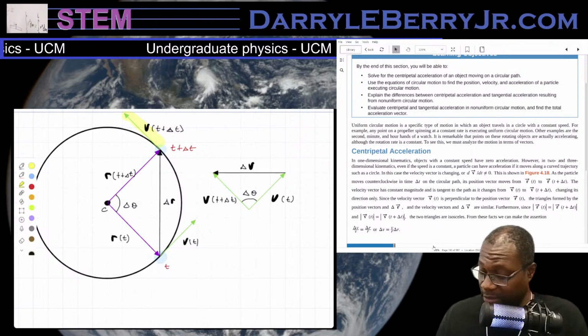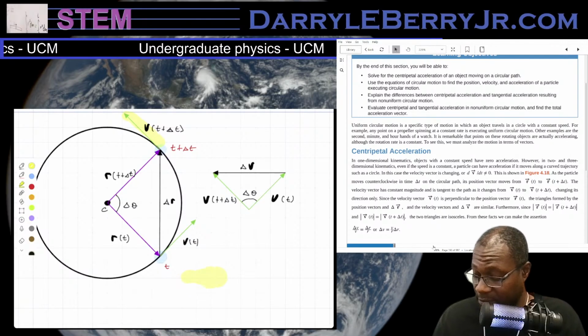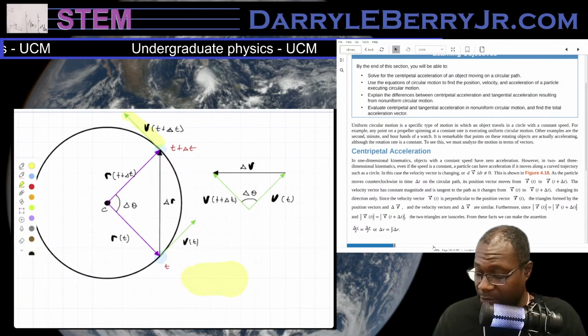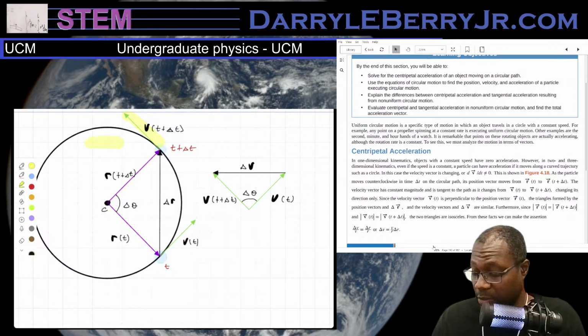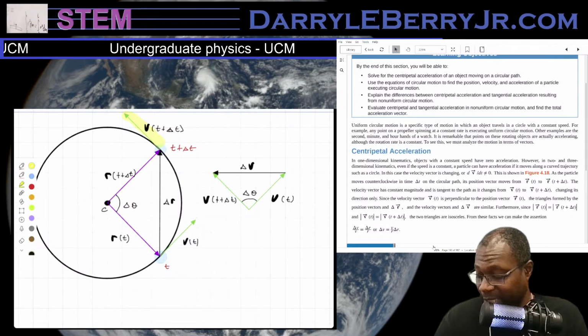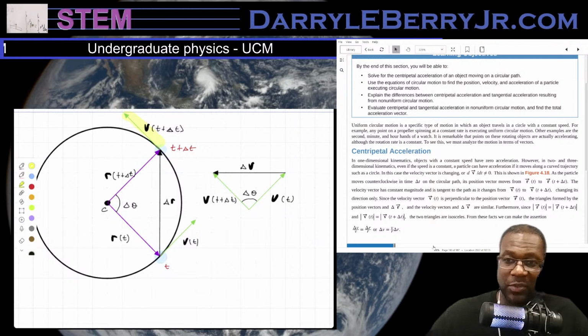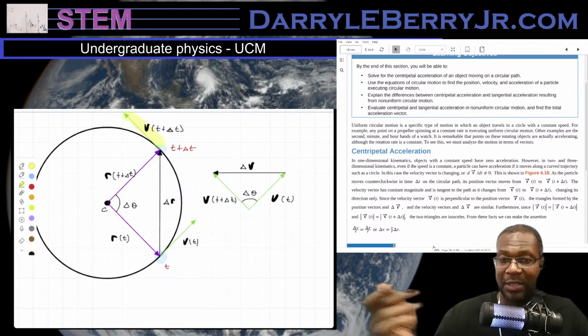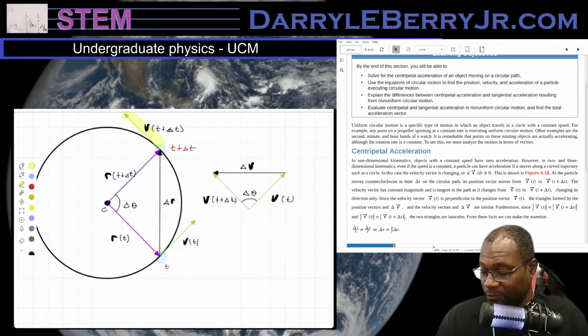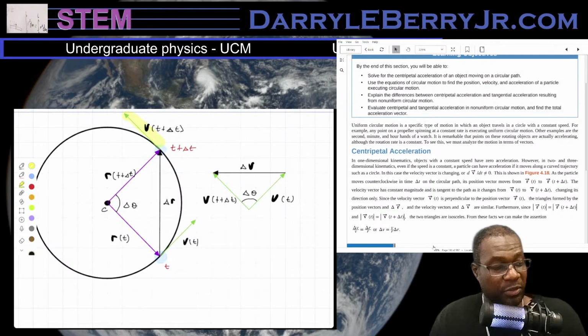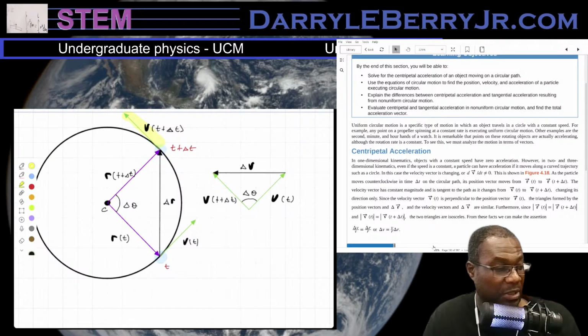So basically the particle was going some amount to the right, and now is going 0 to the right. So just from looking at the horizontal direction, we can see that it went from going that way to stopping and going the opposite direction in the horizontal direction. So the velocity there changed, changing its direction only.